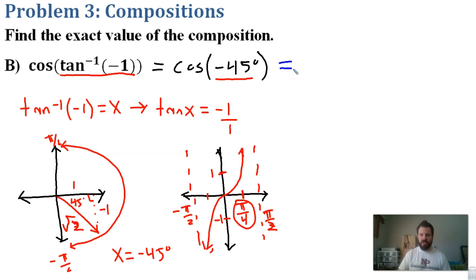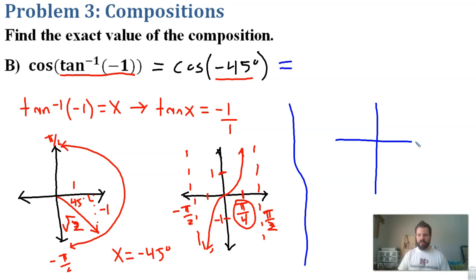And then from there, we'll just evaluate cosine of negative 45 degrees. So I'll go to angles in standard position. I need a different color. Negative 45 is going to open down like this. So 45 degrees here. 1, 1, root 2.